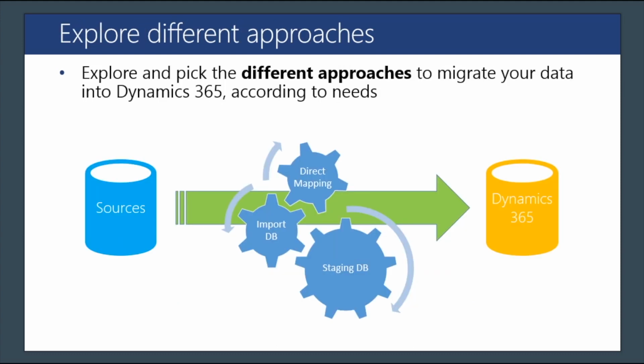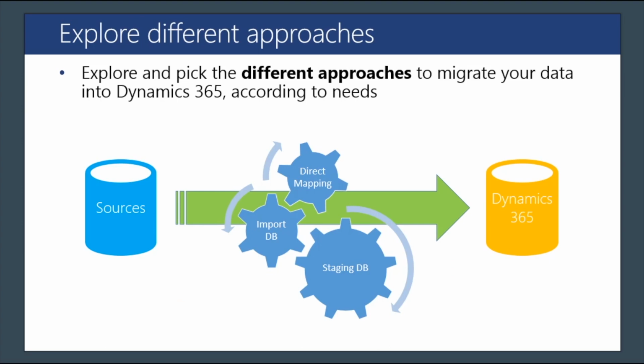So let me just move ahead and explore different approaches. I mentioned it a little ago: there's no one size fits all, no one approach, one system, or one tool that fits all.